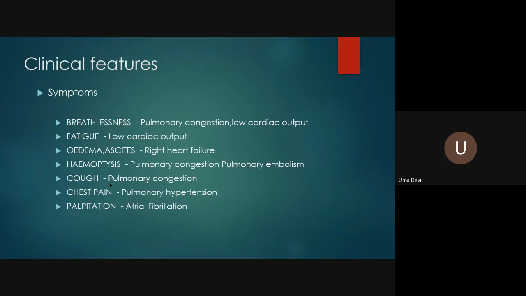So when there is remodeling and enlargement, each part will start giving impulses, and hence they land up with atrial fibrillation. In fact, paroxysmal atrial fibrillation will be the first event for which the patient lands up with pulmonary edema and may present for the first time to the casualty or to the hospital.